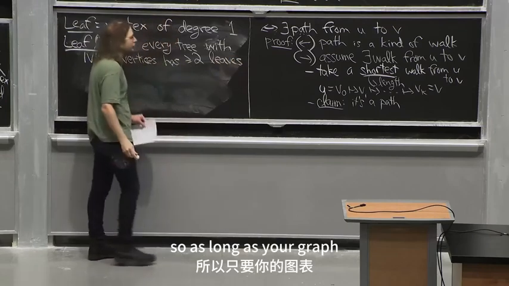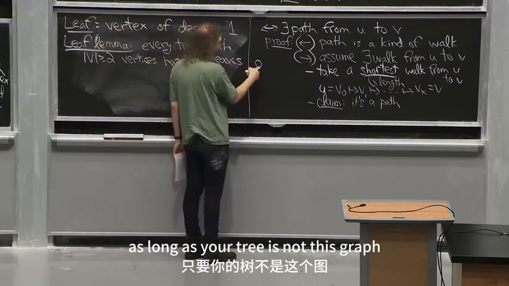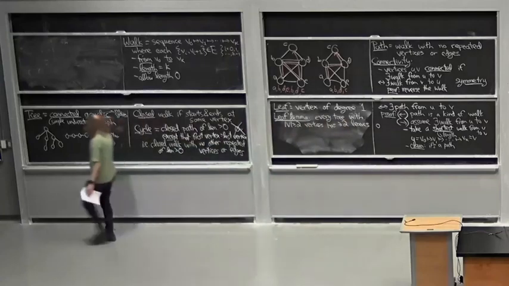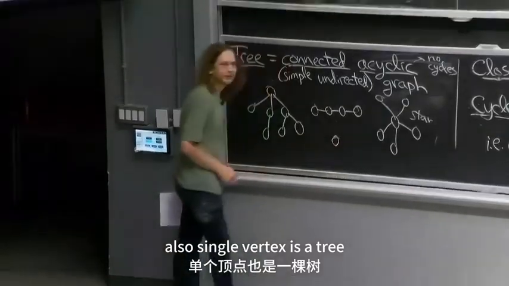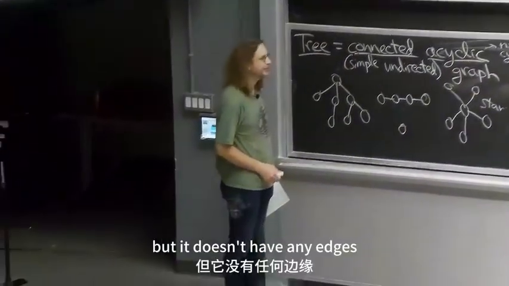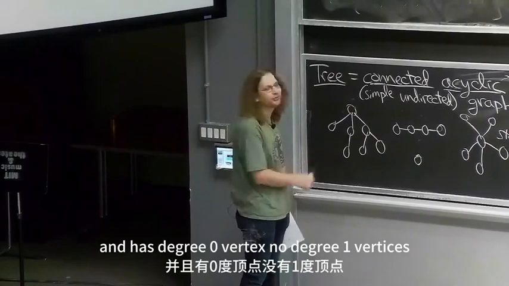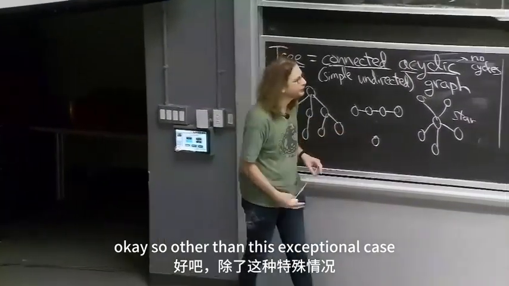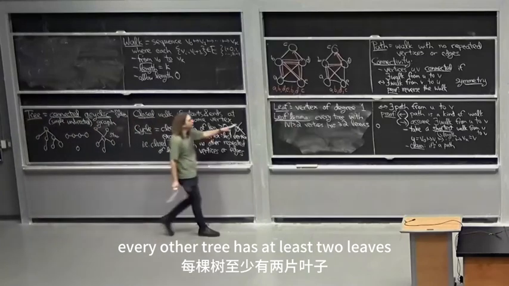So as long as your tree is not this graph, okay, maybe I'll add it to my list of examples. These were all trees. Also, a single vertex is a tree, but it doesn't have any edges, and it has a degree 0 vertex, no degree 1 vertices. Okay, so other than this exceptional case, every other tree has at least 2 leaves.